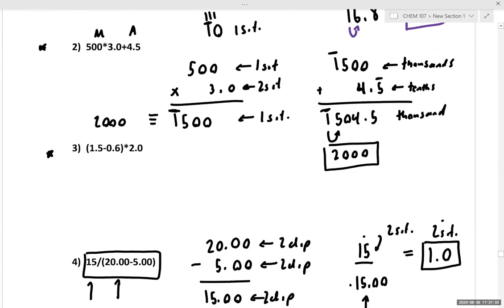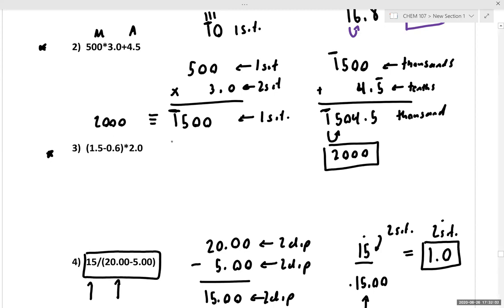Does this first example make sense to everyone? No decimal is included. That's exactly right. The bar indicates the last reported significant digit that you're carrying through in your calculations.